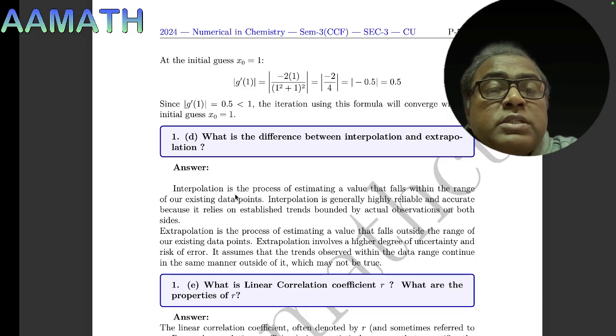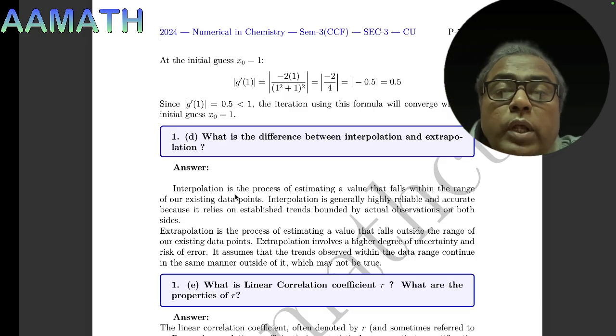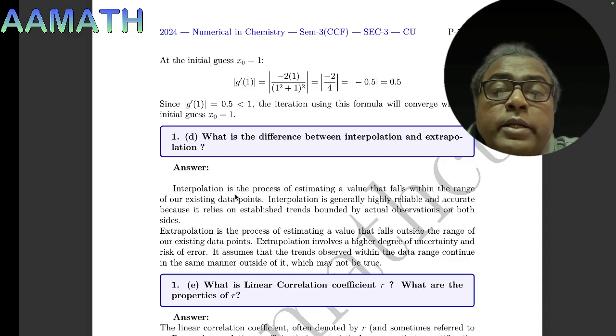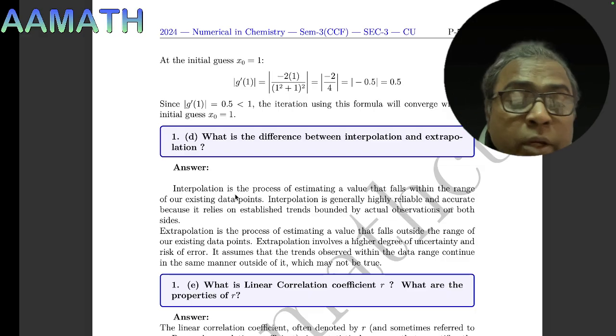Whereas extrapolation is the process of estimating a value that falls outside the range of our existing data points. Extrapolation involves a higher degree of uncertainty and risk of error. It assumes that the trends observed within the data range continue in the same manner outside of it, which may not be true.